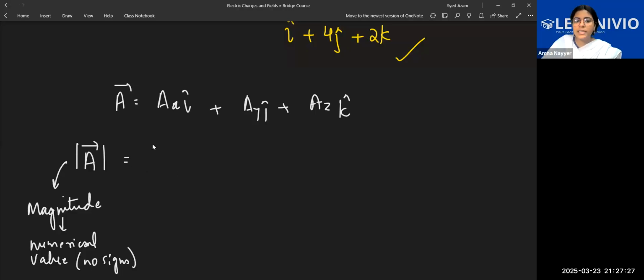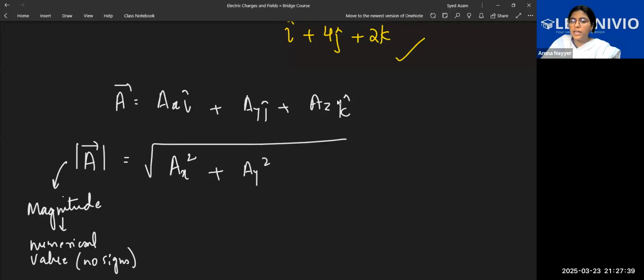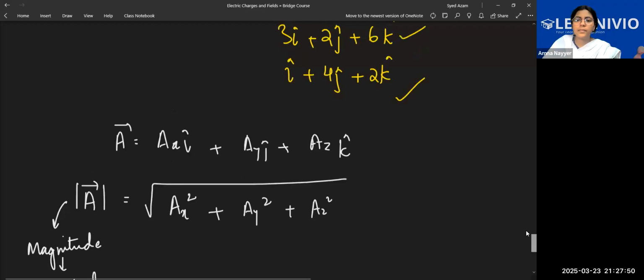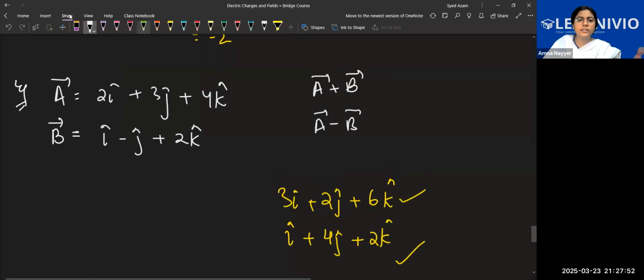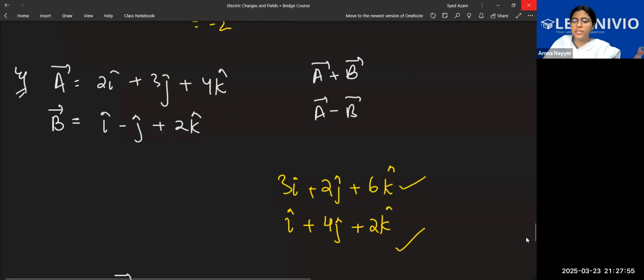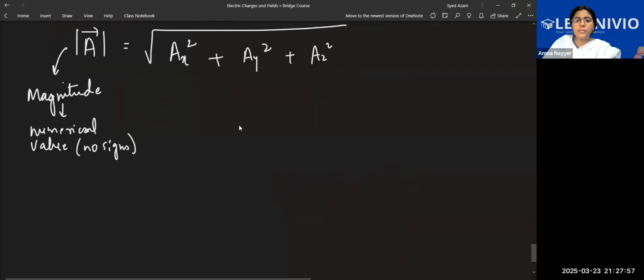Yes, ma'am. Now, when you're calculating the magnitude, take the coefficient of i cap squared, ax square, plus the coefficient of j cap, ay square, plus the coefficient of k cap, az square, all under root. If I give you an example, let's take this example only. Vector A is 2 i cap plus 3 j cap plus 4 k cap.